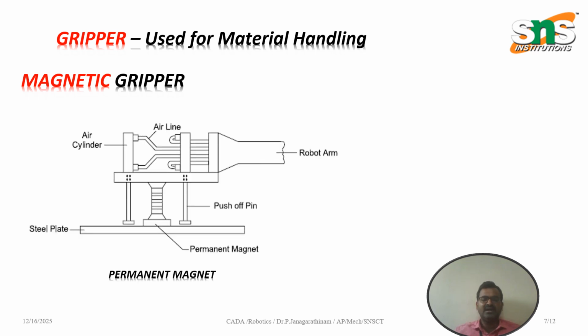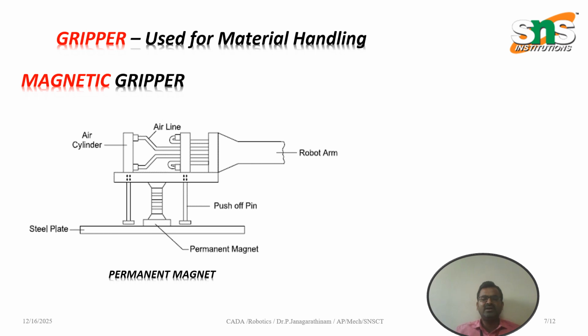Here, for the permanent magnetic type, we attach the magnet, and the air cylinder moves through the forward motion, and automatically it can clamp the workpiece. So automatically we can move the workpiece from one place to another place. Instead of cam and other mechanical grippers, here we are using magnetic grippers.